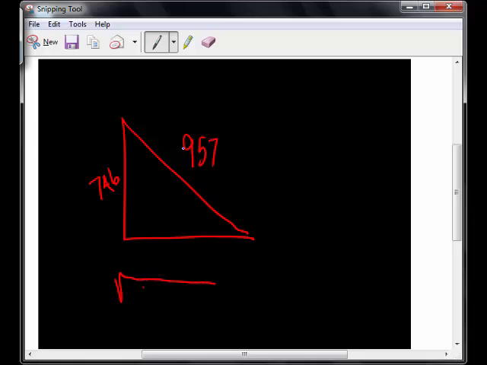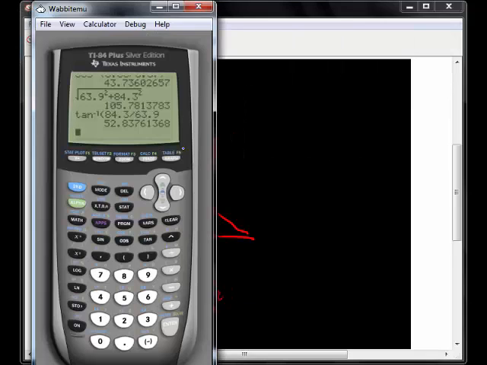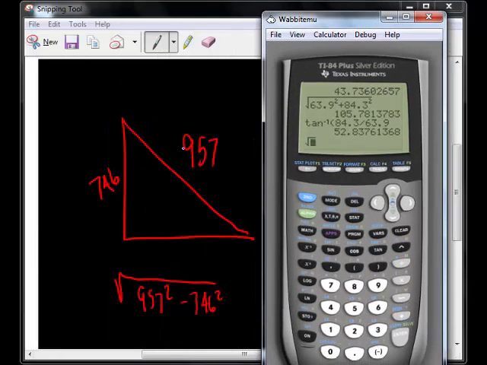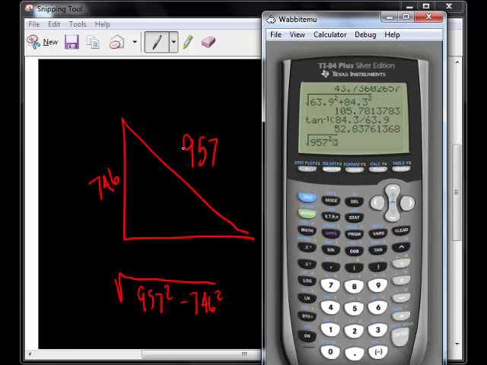So A is the square root of 957 squared minus 746 squared. So let's find that first. Square root key, 957 squared. Remember, you always take the hypotenuse, subtract, and we get 599.